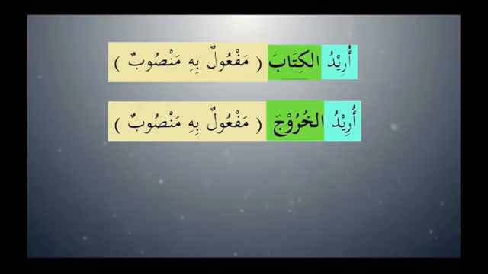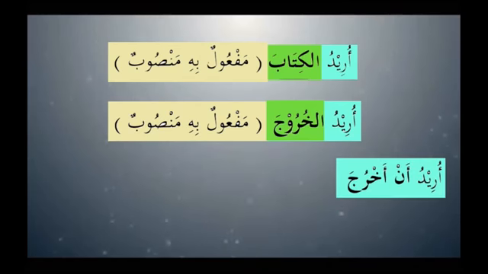So if I am using the verb uridu, then I will say uridu an akhraja. I will not say uridu an yakhraja, or uridu an takhraja, because that will be a wrong combination of the pronouns. We need to have the same pronoun in the whole sentence. So we say uridu an akhraja, which has exactly the same meaning as uridul khuruja.